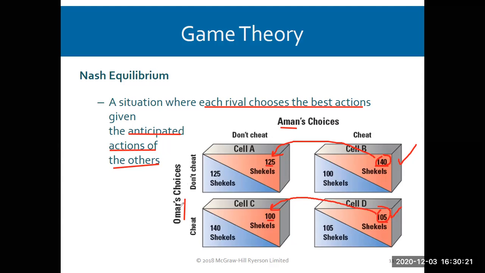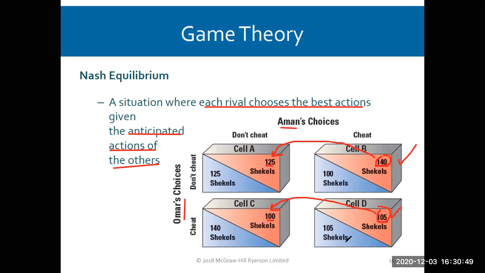So whether or not Omar cheats or doesn't cheat, Aman comes to the conclusion he should cheat because he's going to make more no matter what situation it is. So that arrives into a situation where each rival will choose the best actions. And in this case, they will cheat because Omar looks at it exactly the same way as Aman does and comes to the same conclusion that Omar should cheat as well.